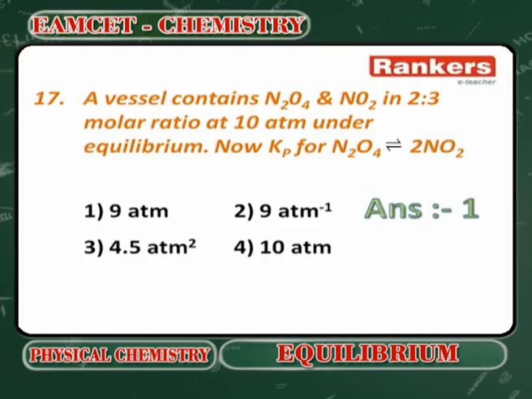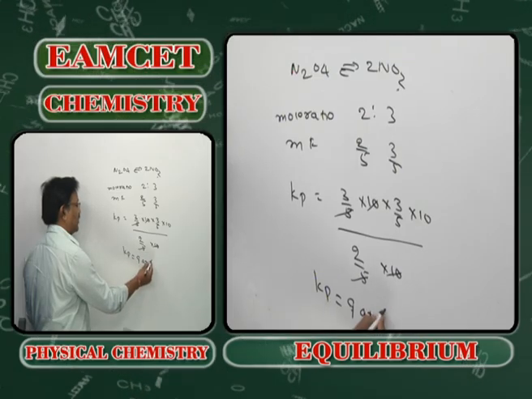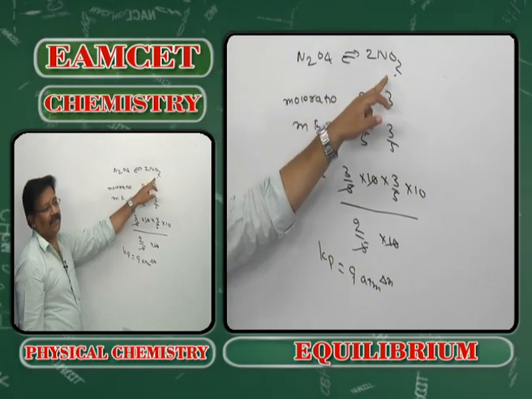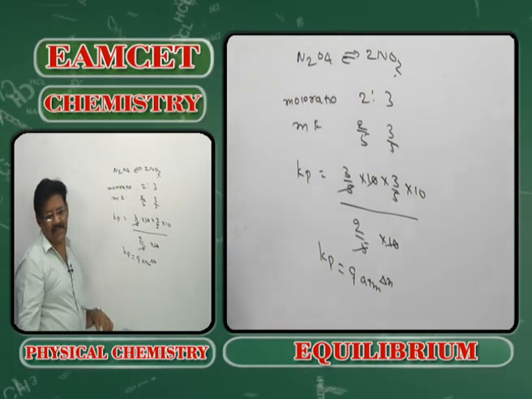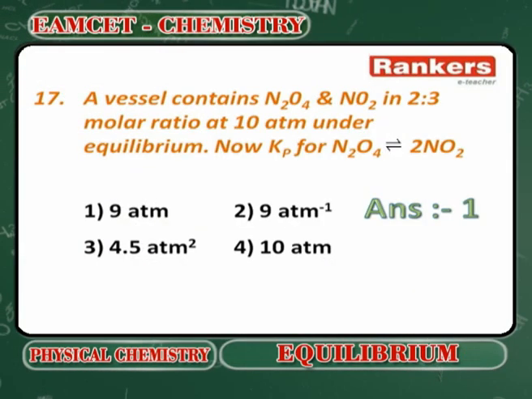Now, what are the units for Kp? Atmospheres to the power of delta n. In this problem, what is the delta n value? 1. So option 1 is the answer. Never get confused. Option 2 is atmosphere to the power of -1, that is delta n is -1, but it is not -1 in this case.